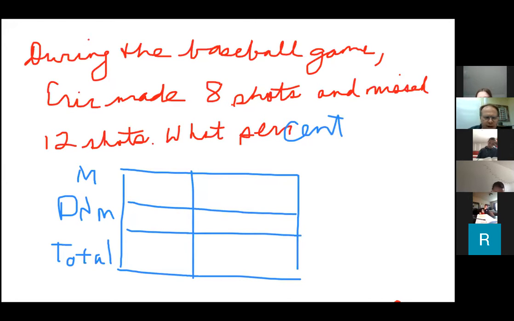So if you have that set up, then what do you put in for the percent made? This is your ratio. And this is your actual. So what do you put in for the percent made? 40. Yeah, 40%. And then so 60% for the did not make and 100 for the total.